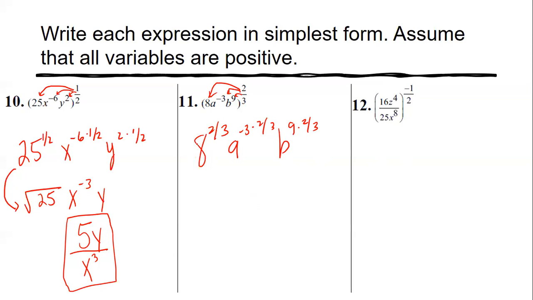Do we see that? The denominator is my root, the numerator is my power. So this becomes the cube root of 8, and then I'm going to square it.